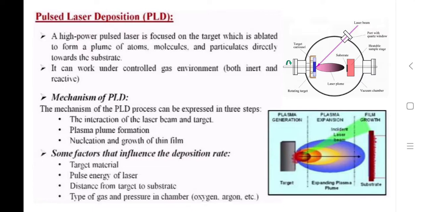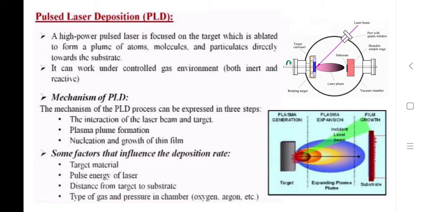Now how do we control the laser? Pulsed means there will be an on and off mechanism, or it may be continuous. So it depends upon what type of source energy you are using for coating.